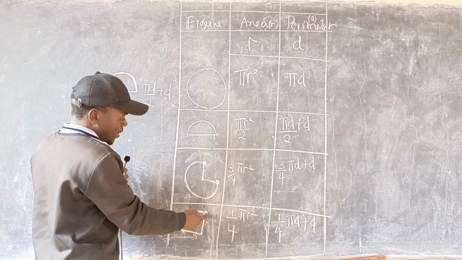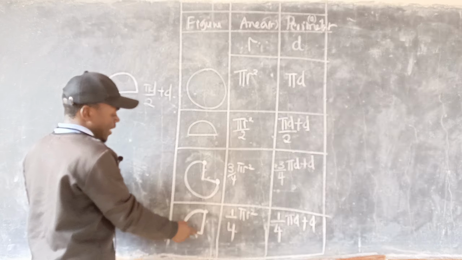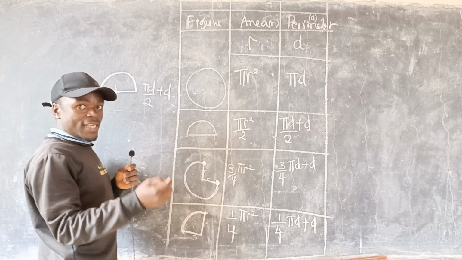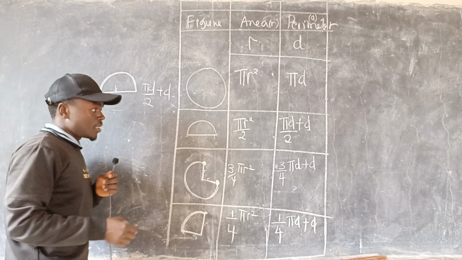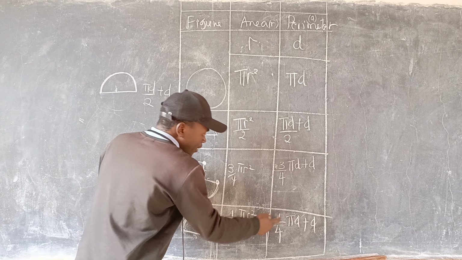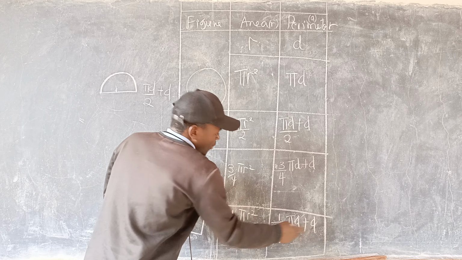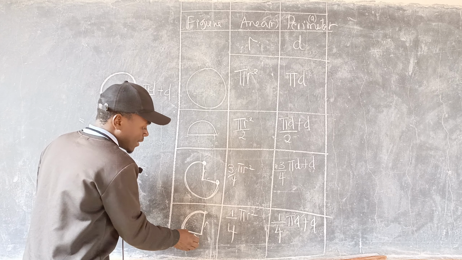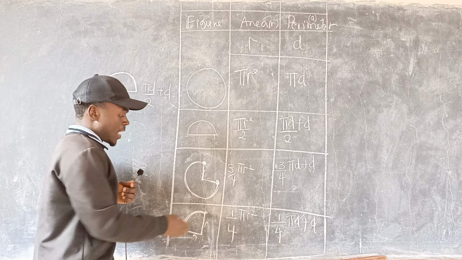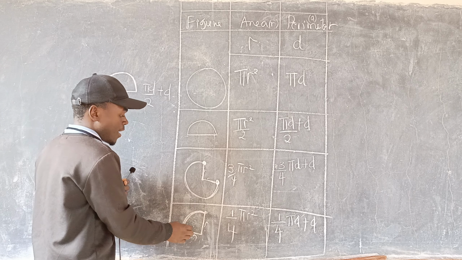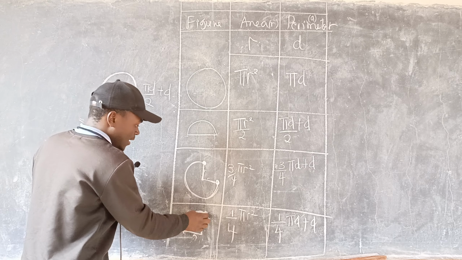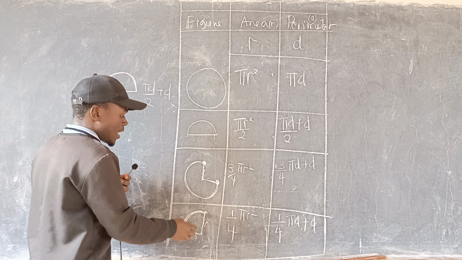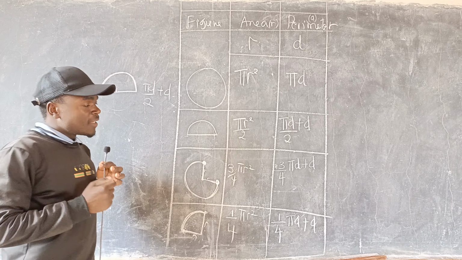What if I add the radius, another radius, meaning 2 radius are added, which gives us d? That's what it is, a quarter of pi d adding d. Where have I got d? R plus r is equal to d. So I take this arc, adding r plus r, which is 2r, which is d. You see, things are very easy.